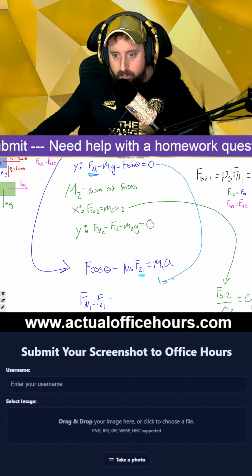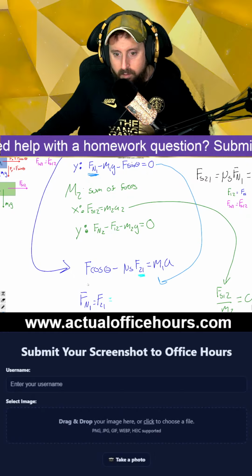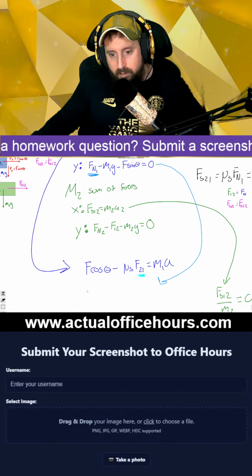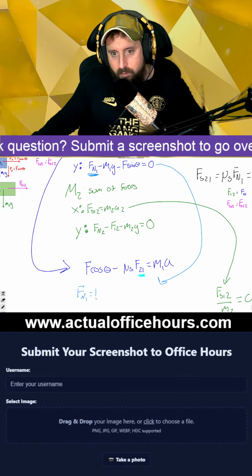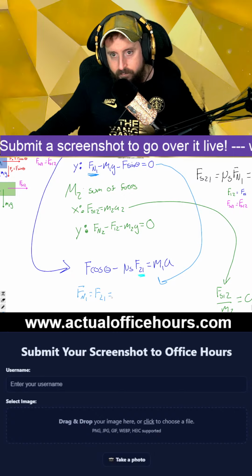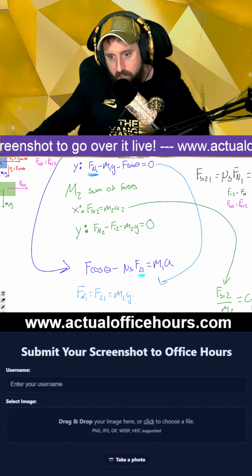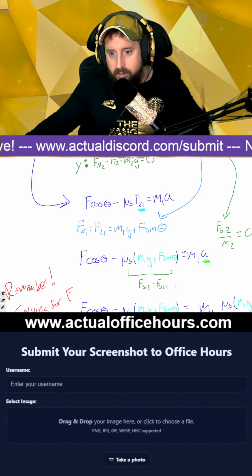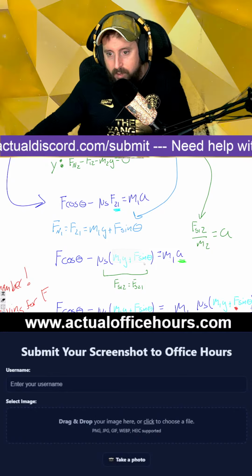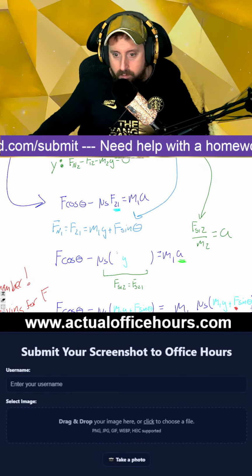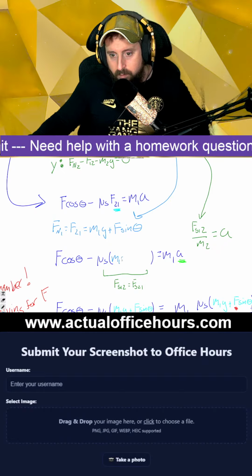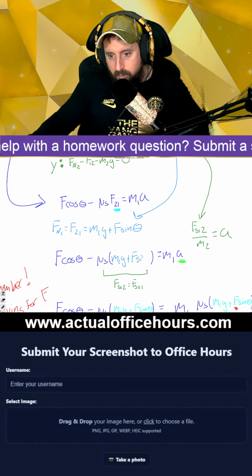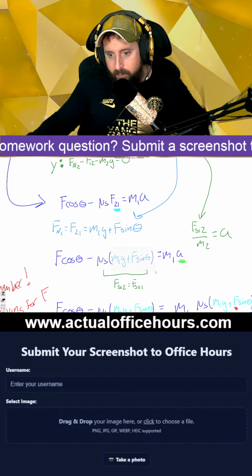Okay, and then this is Fn1, which equals F21, is equal to M1G plus F sine theta. Okay. And then we're going to make this M1G plus F sine theta. Right?